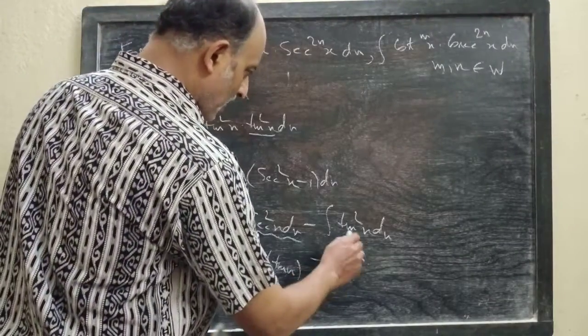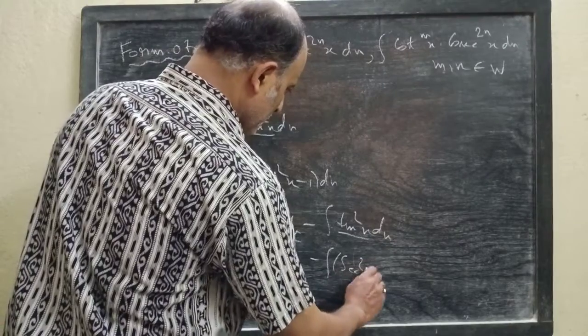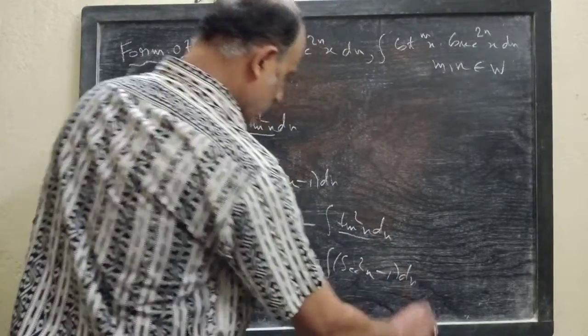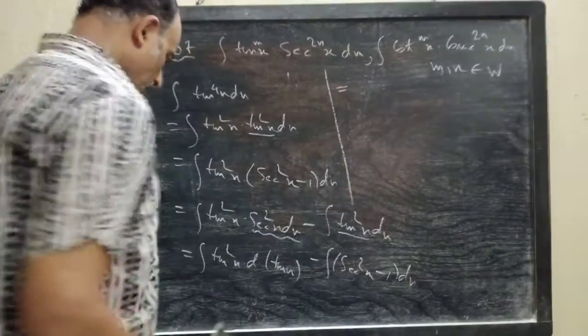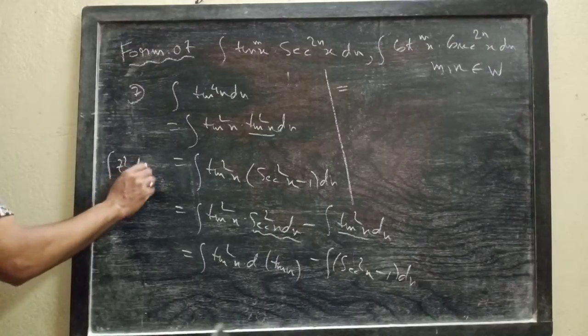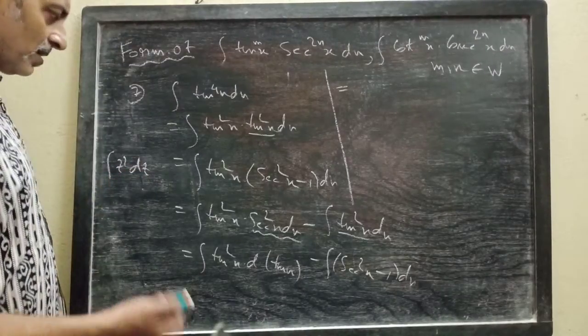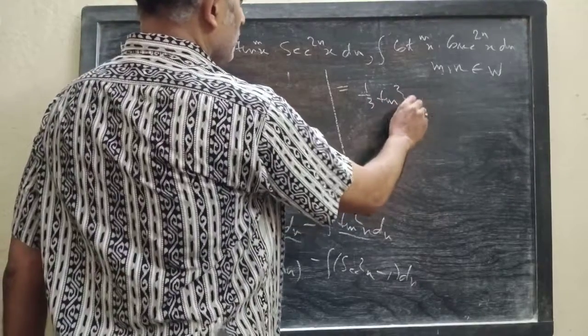Next, how do you solve the other integral? Now, tan square x can be written as sec square x minus 1 dx. Look, the first is equivalent to integration of z square dz. So your answer is 1/3 z cube, so you have to write here 1/3 tan cube x.